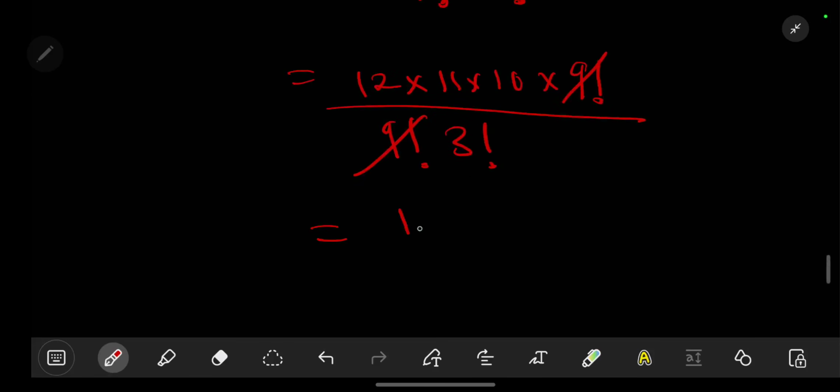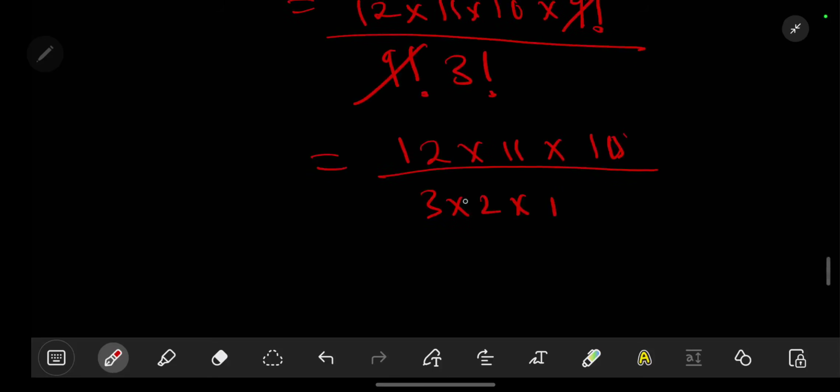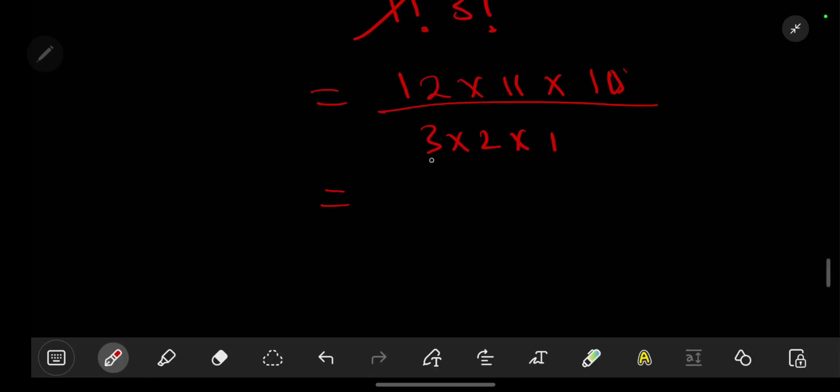So you are going to have 12 times 11 times 10. And you know your 3 factorial is 3 times 2 times 1. So evaluating this, we have 12 times 11 times 10, over 3 times 2, that's 6, times 1, that's 6.